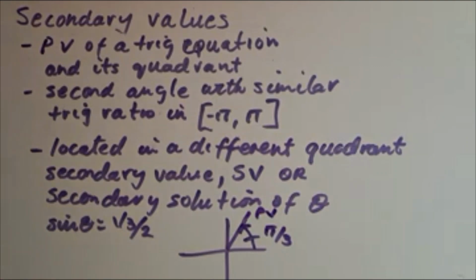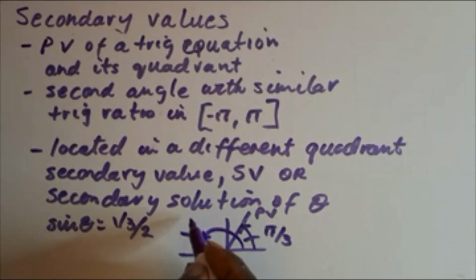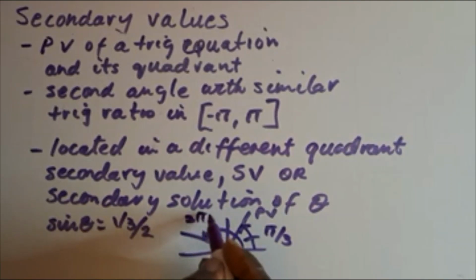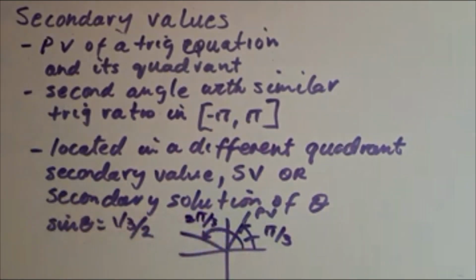So we should find a second angle with a similar ratio within this interval minus pi to pi. And for that, we have an angle in the second quadrant, and this is 2 pi over 3.